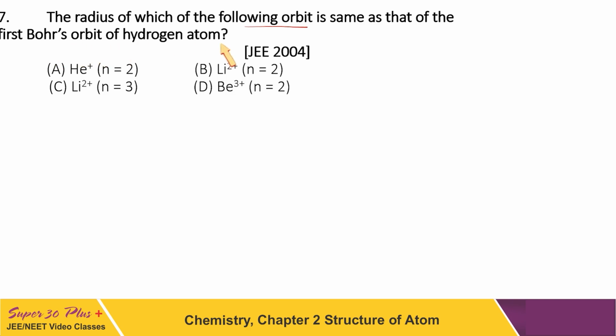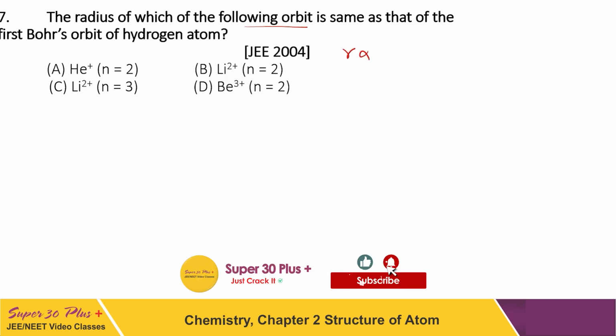It means the examiner is asking that out of these four options, which one will have exactly the same radius as hydrogen? Whatever the radius of the first shell of hydrogen, it will be equal to the radius of which of the following? We already know that radius is proportional to n square by Z.